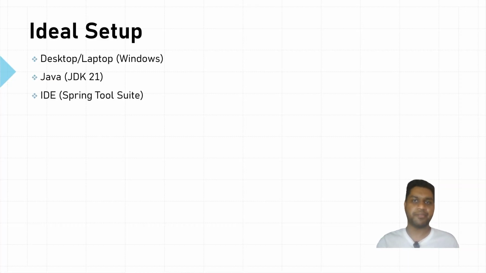Then the next thing that comes up is the IDE. Now this is a very, very important point. What happens is that I will make the playlist and then someone will comment in the comment section that you should have made it in IntelliJ. But the point is that here I'm teaching you about Spring AI. I'm not teaching you how the IDE works. I'm not explaining how the Spring Tool Suite IDE works or how the IntelliJ IDE works.